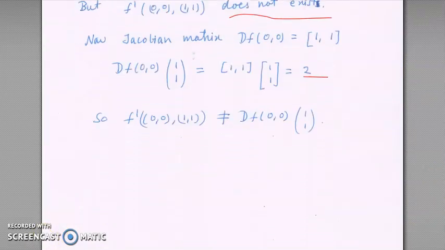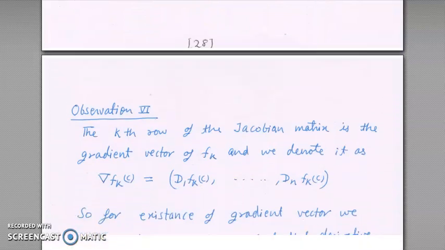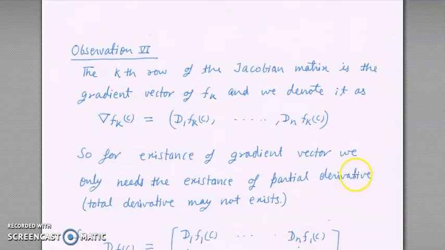Now come to the next observation. The kth row of the Jacobian matrix is the gradient vector of fk, and we denote it as del fk c, which is equal to d1 fk c up to dn fk c. So for existence of the gradient vector we only need the existence of partial derivatives.